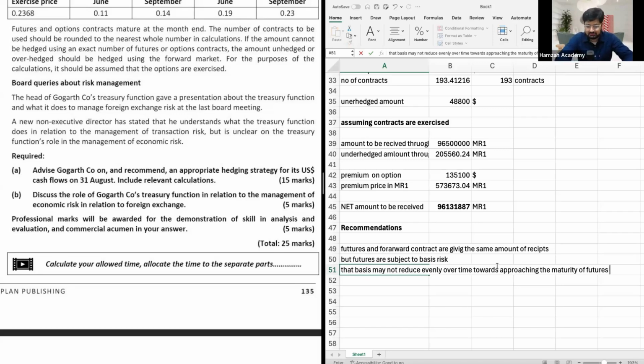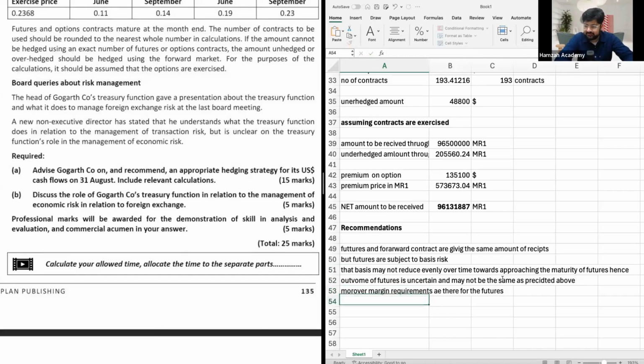Hence, the outcome of futures is uncertain and may not be the same as predicted above. Moreover, margin requirements are there for the futures.